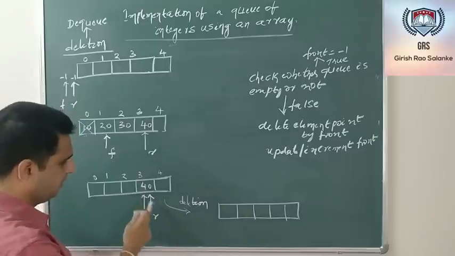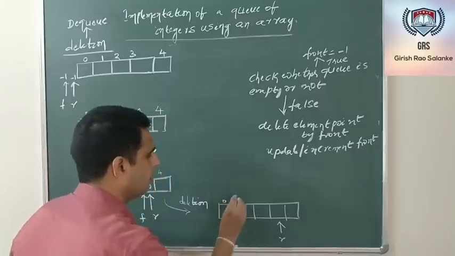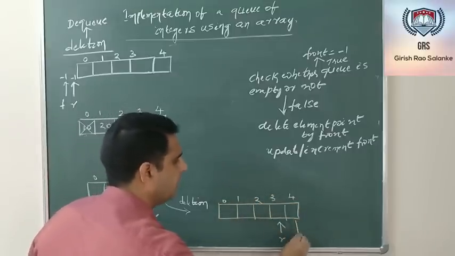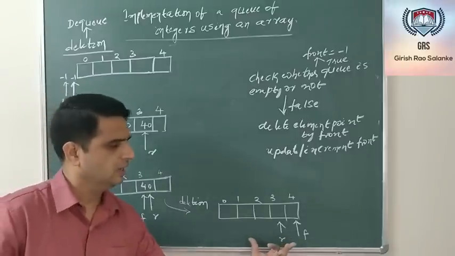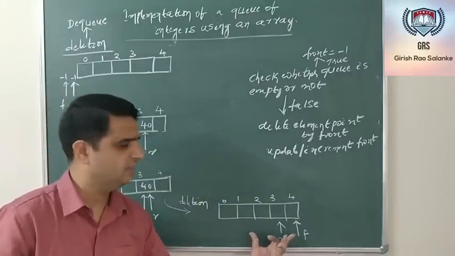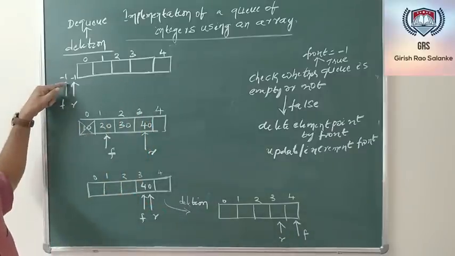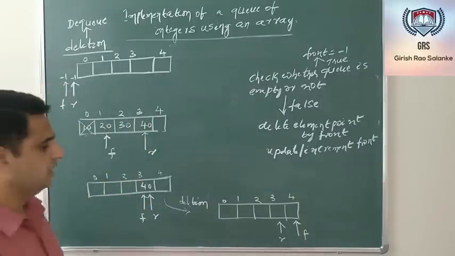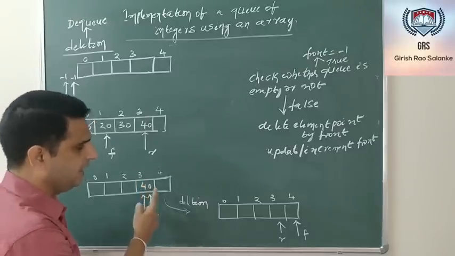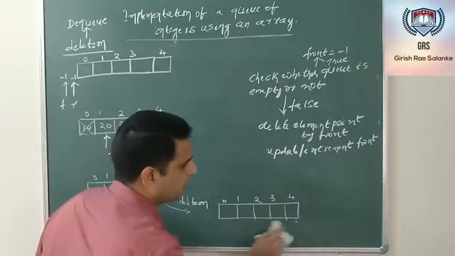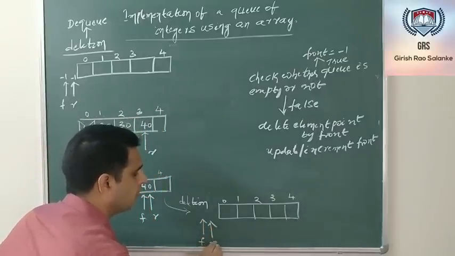After deleting 40, my rear end will be pointing here and my front end will be pointing to this location. Now if you see, this queue is empty, nothing is there. If nothing is there in my queue, it is always better to initialize the value of f and r to -1. So note that whenever there is only one element in the queue and that element gets deleted, on deleting, both the front end and the rear end should be initialized to -1.